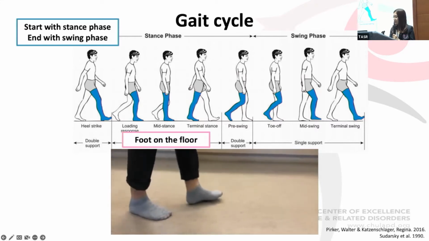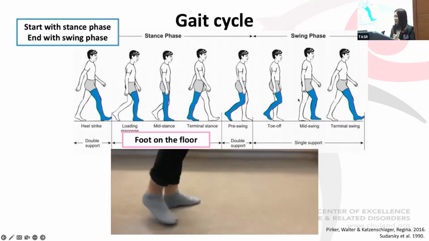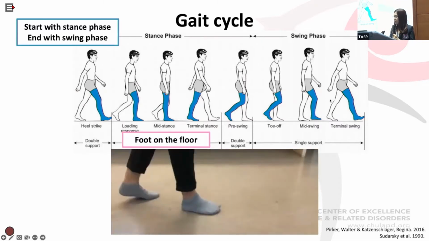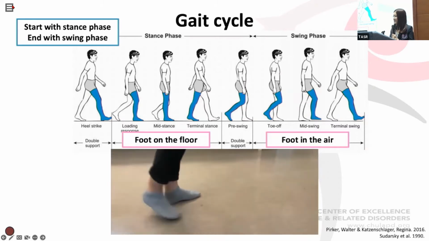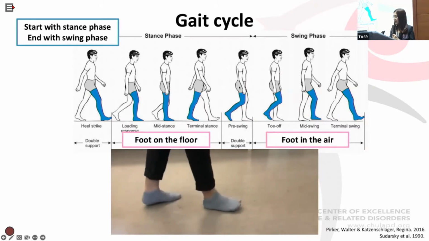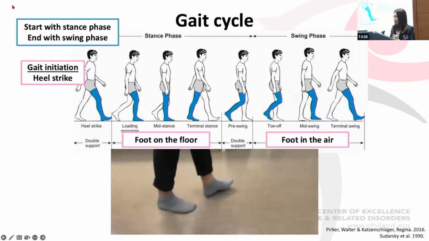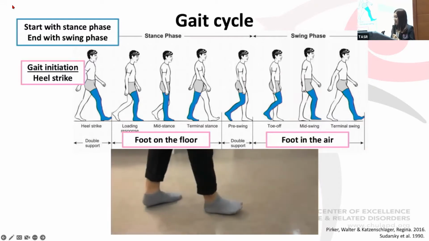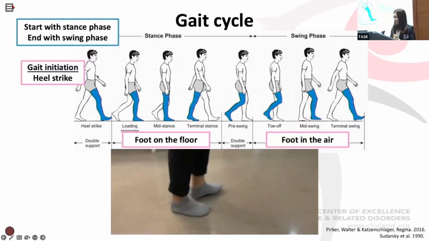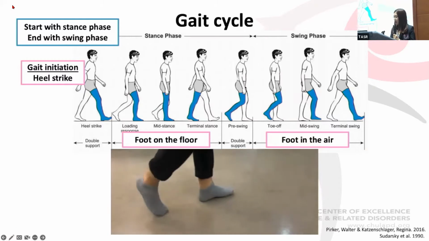Stance phase is when a foot contacts the floor, and the swing phase is when a foot is in the air. In the stance phase, the first step is the heel strike and the beginning of gait initiation. Then the foot is fully in contact with the floor and ends with toe off.